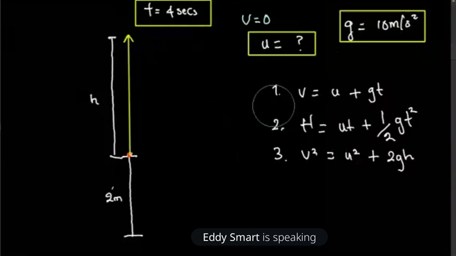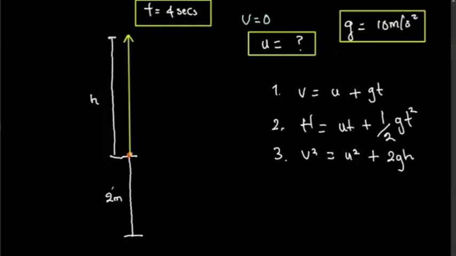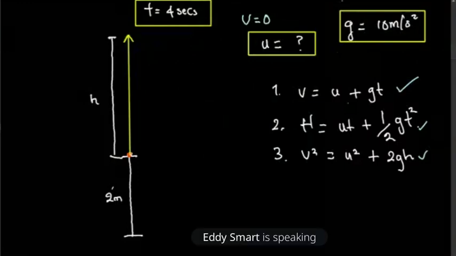Yes, sir. Good. So now, which of these equations of motion can we use to find U? Is there U in equation 1? Yes, sir. In fact, there's U in all of them. Okay, now, what about G? There is G in all of them. What about T?